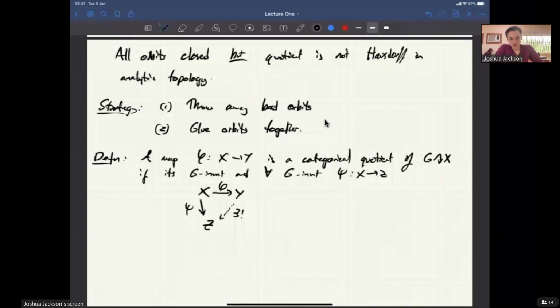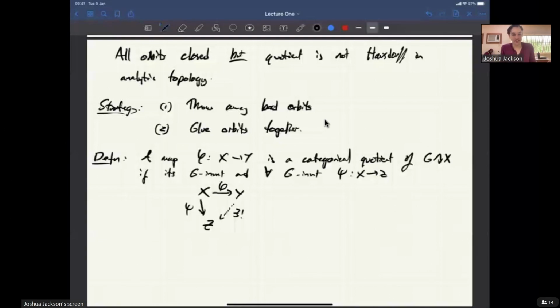So you should think of this as like the best possible answer that we could get in whatever category we're working with. So you could consider categorical quotients in schemes, varieties, whatever sort of thing you want. But this is the sort of easy to write down definition of what's the best possible thing. And by the usual arguments, if it exists, then it's unique up to unique isomorphism. So this has that, which is the usual advantage of defining something by universal property, but it has the usual disadvantage of defining something by universal property, which is we have no way of knowing whether it exists.